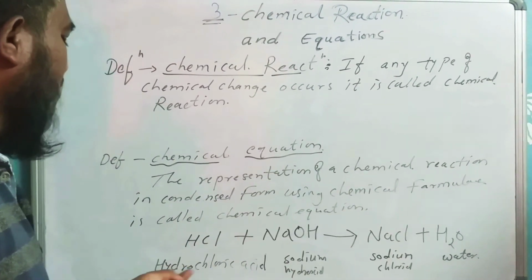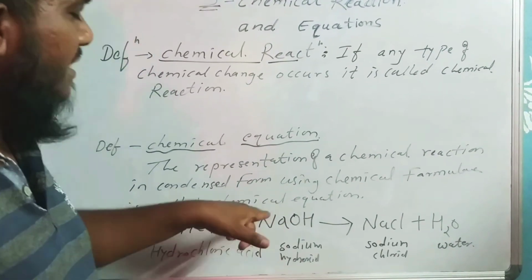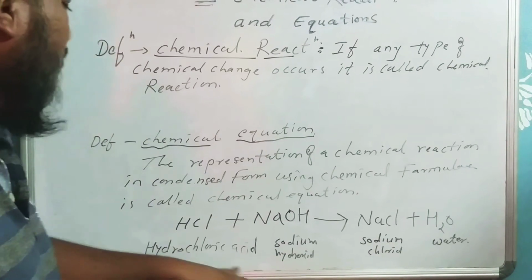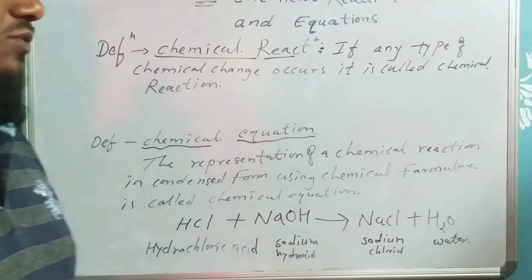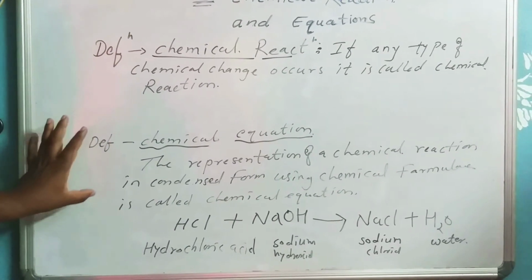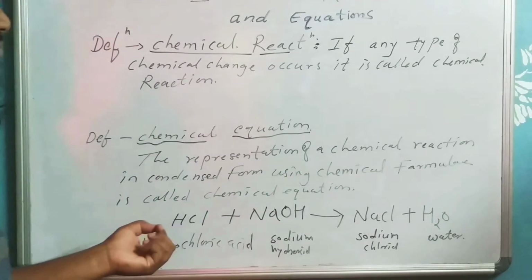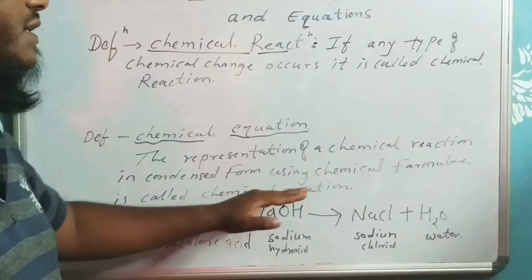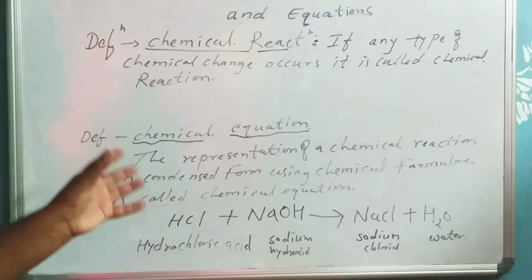HCl means hydrochloric acid, NaOH represents sodium hydroxide, NaCl is sodium chloride, and H2O is water. Students, keep in mind, you have to learn these two definitions. Instead of writing the full name of the compound, we write the chemical equation in the form of chemical formulas denoted by IUPAC.